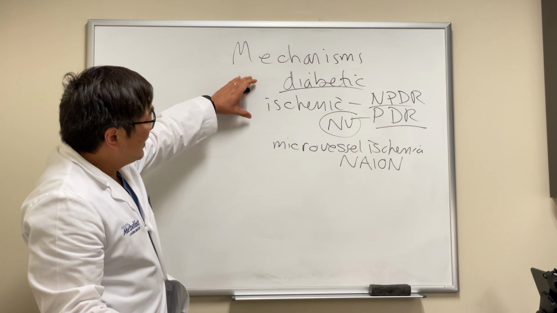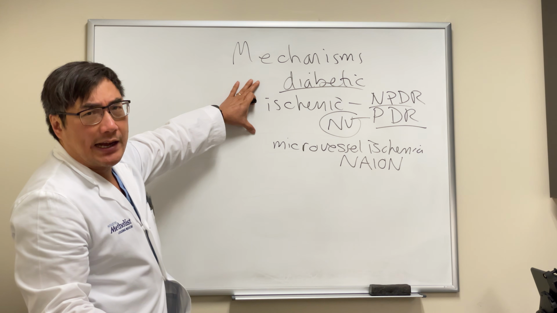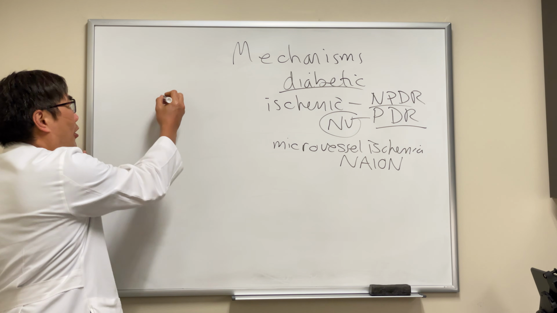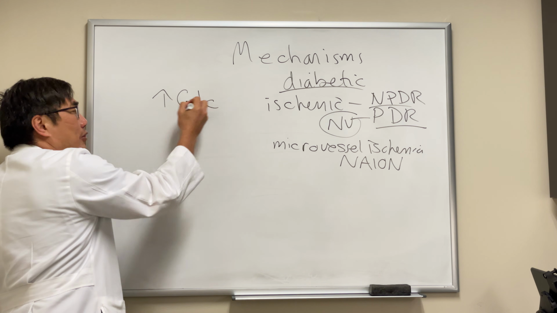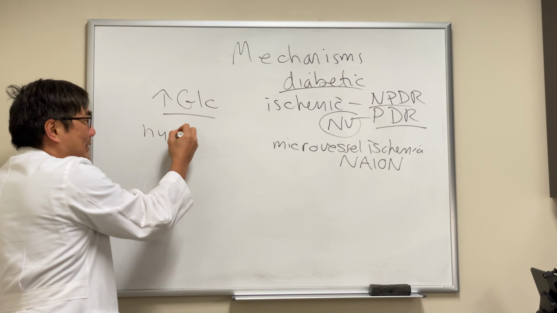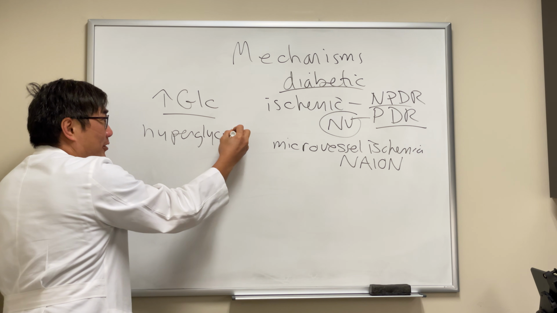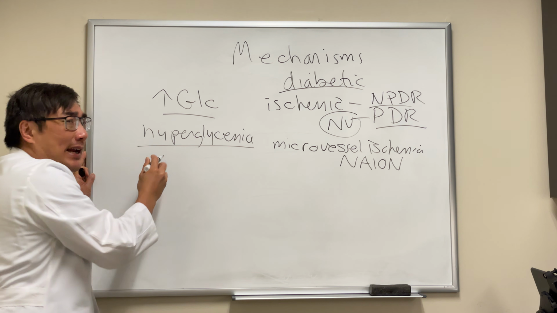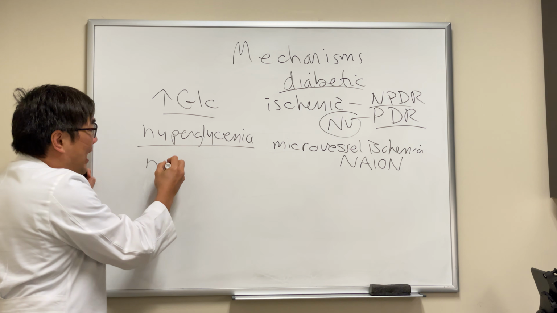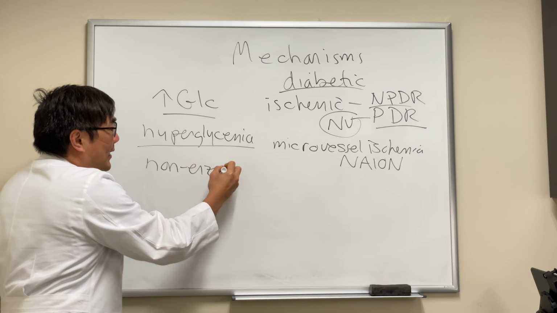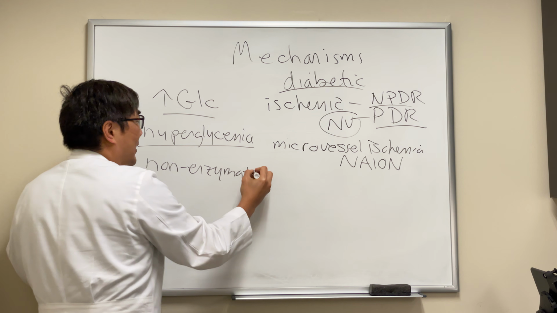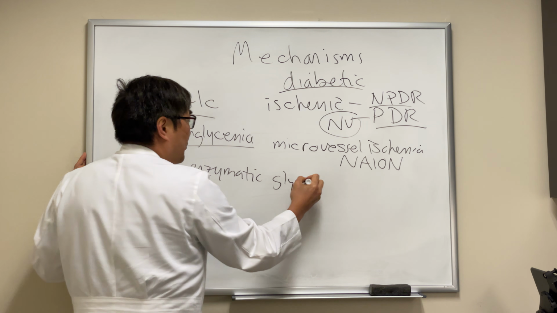And so the interesting thing about these downstream complications is they're all related to elevations in the glucose level. So that hyperglycemia, and sugar is normally good for you, so that hyperglycemia leads to non-enzymatic glycosylation of proteins.